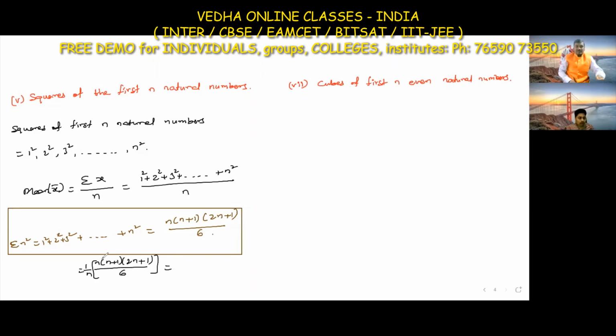So we can cancel the n and n. If we cancel n and n, the final answer is n plus 1 into 2n plus 1 by 6. Okay, this is the final answer.